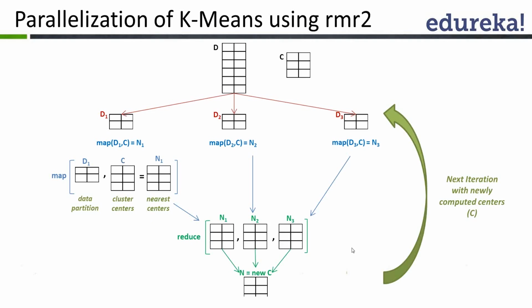And then the reduce function does the aggregation of these partial results to get the new cluster centers. That's the high-level description of the map reduce way of doing k-means, or one possible method of doing it. There may be others as well.